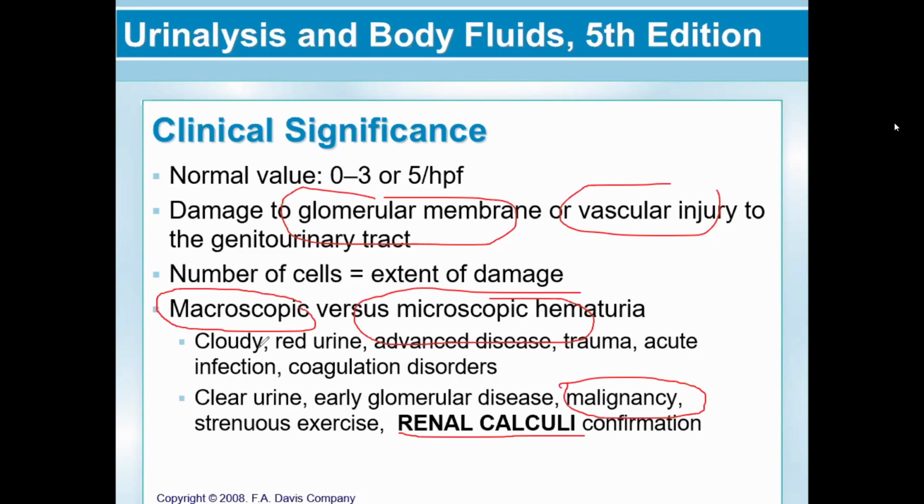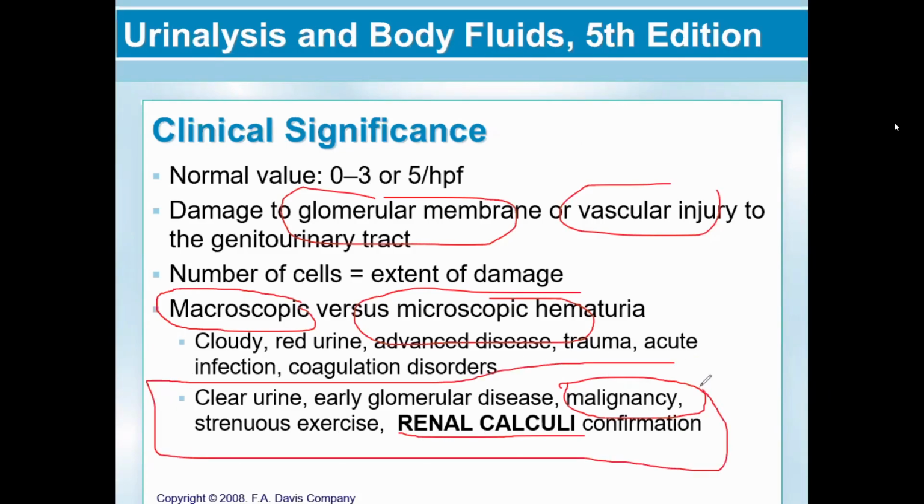So again, for cloudy red urine, anong meron doon? Ibig sabihin may mga intact red cells. So advanced disease, trauma, acute infection, and coagulation disorders. For clear urine naman, example in early glomerular diseases, malignancy, strenuous exercise, and renal calculi formation. So ang tinutukoy po nitong nasa baba, this is your microscopic hematuria.